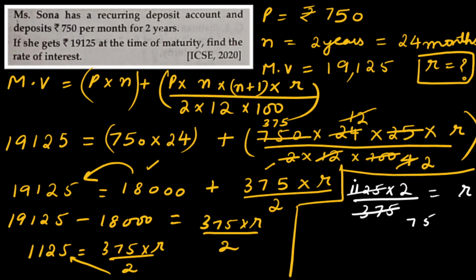Here also 5's table: 5 into 2, 10, 5 into 2, 10, 225. 225 by 75, again cancellation on 5's table. 5 into 1, 5 into 5 is 25, 15. 5 into 4, 5 into 5. 45 by 15 is equal to R.